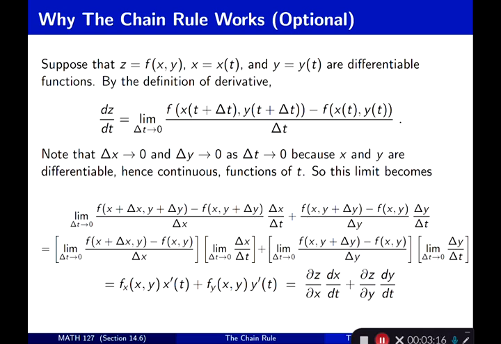Notice that there's a delta x multiplied and divided when this term was subtracted and added. You multiply by delta x over delta x, and then you separate these into two, and there are two limits.